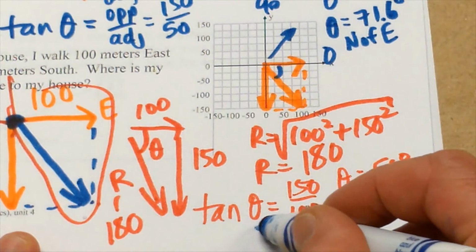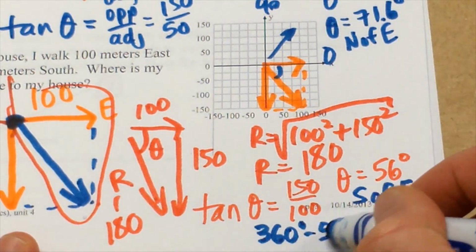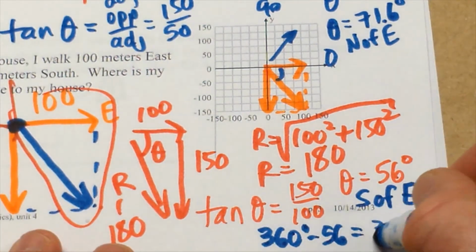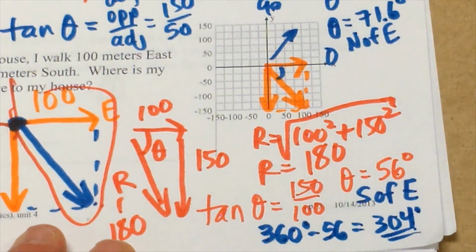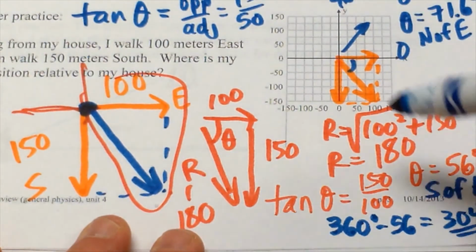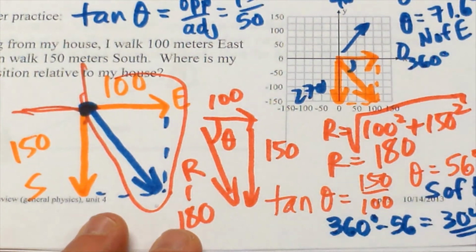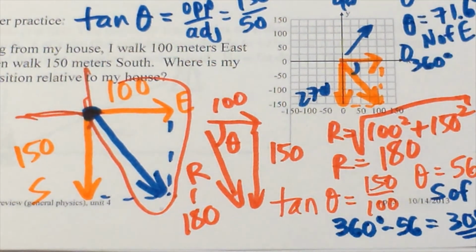You could say, well, 360 degrees minus 56. Okay, you could put that in your calculator. You get 304. That would be okay, right? Because a fourth quadrant angle is between 270 and 360, right? And 304 would truly be a correct way of expressing the angle.